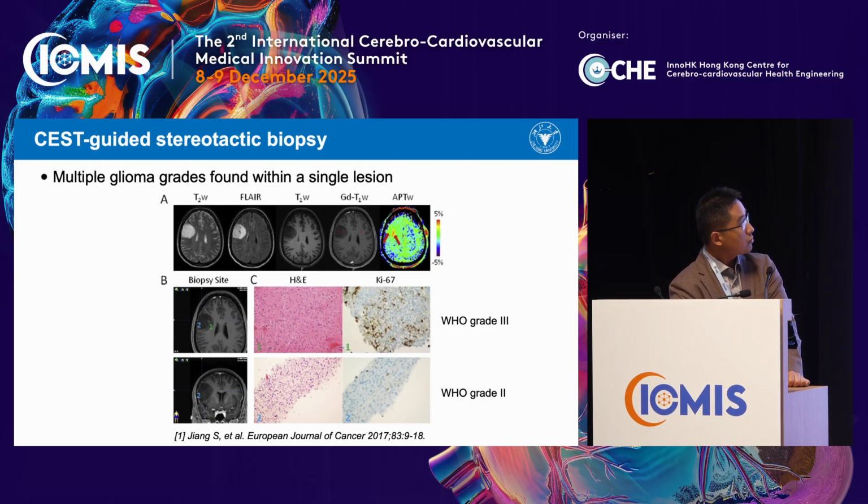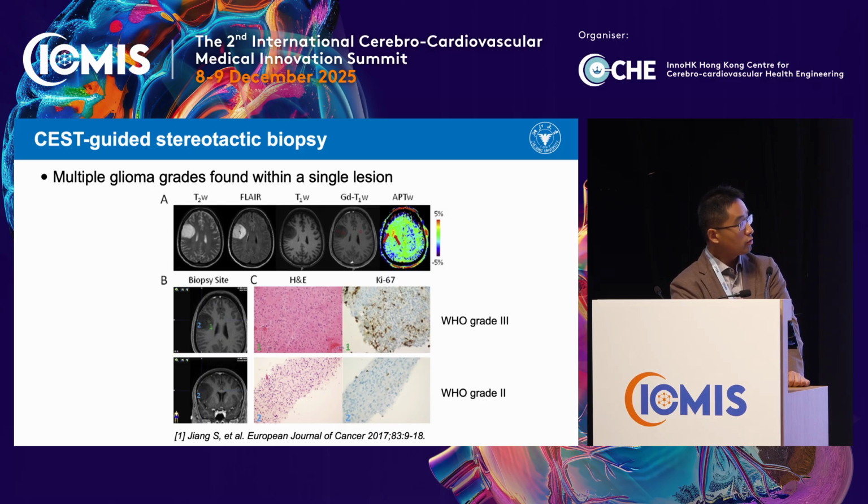Then a real practical challenge is where to biopsy the tumor. You can't take out the whole tumor during the biopsy stage. But if you look at the CEST MRI, inside the tumor, it's clearly quite inhomogeneous. It has high protein CEST signal regions and low protein CEST signal regions, and it guided a biopsy.